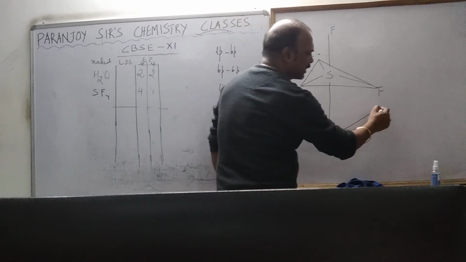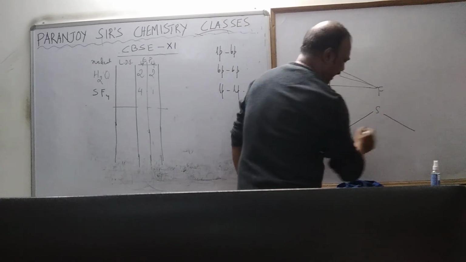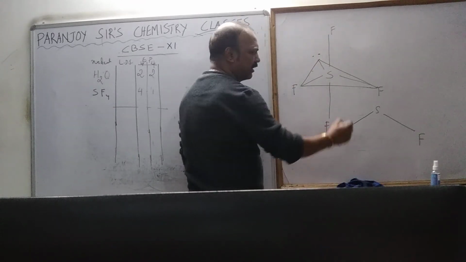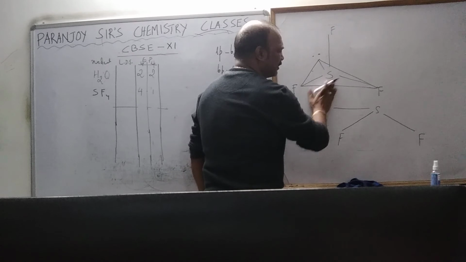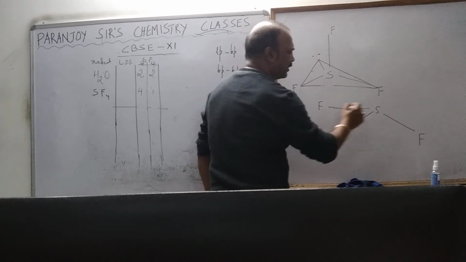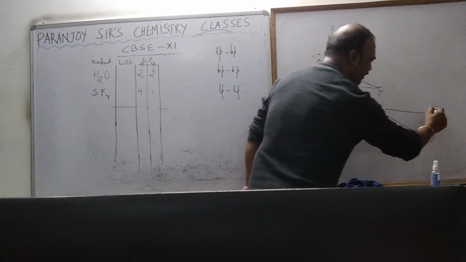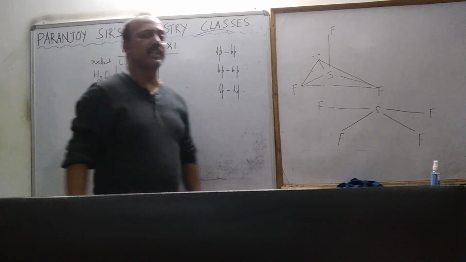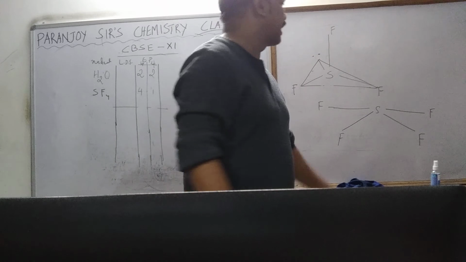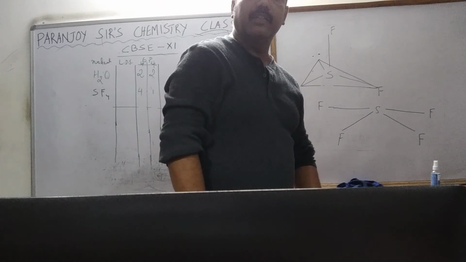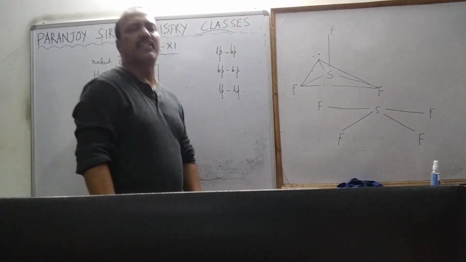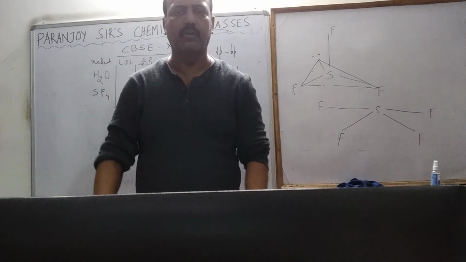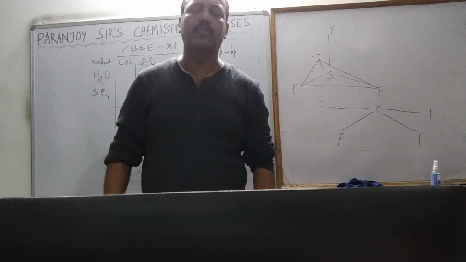S, F, F, okay, then one F is here, one F is here, and one F is here, right? Is it looking like a seesaw? Okay, that is why we call it seesaw shape. All of you have played seesaw. The shape is seesaw.